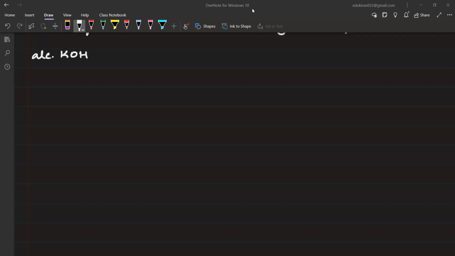Whenever people say alcohol check, like if someone is driving rashly and police inspectors suspect he has taken some kind of drug which affects his mental state, they will ask for an alcohol test. That alcohol is ethanol.